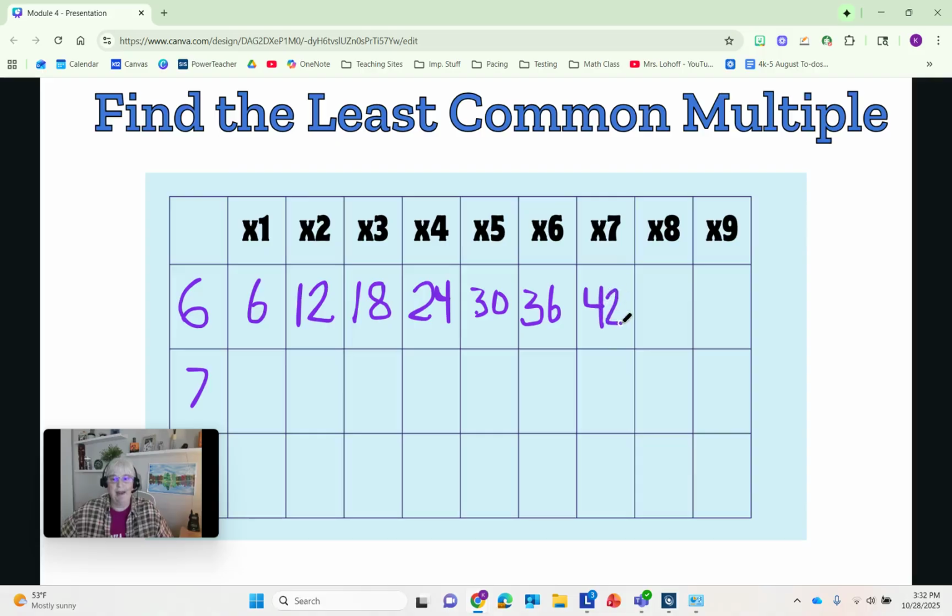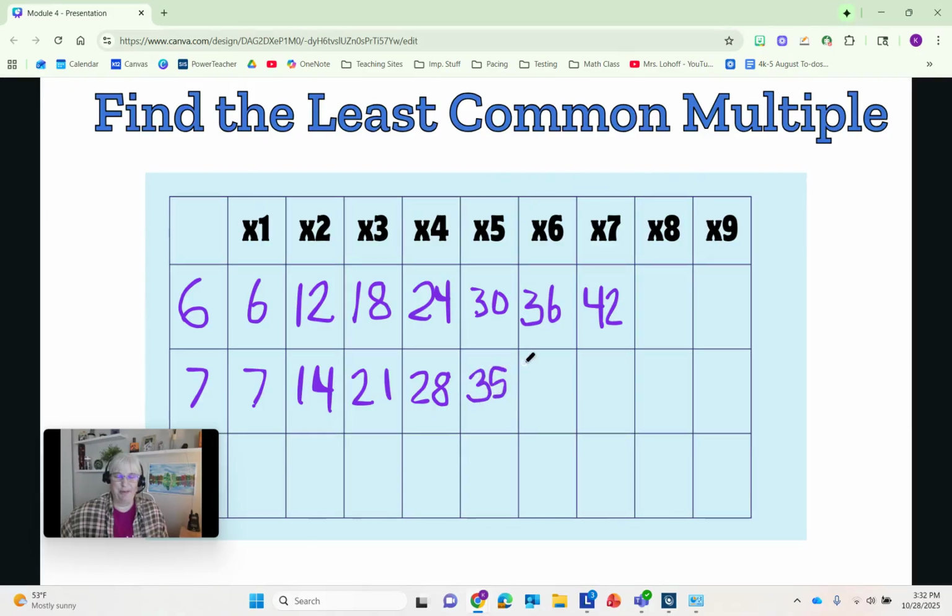I'm going to stop there because I'm multiplying my two numbers by each other, and I know that that's definitely going to be a common multiple. Let's see if we have a number in common before we get there. We're going to do the same for 7. 7 times 1 is 7. 7 times 2, 14. 7 times 3, 21. 7 times 4, 28. 7 times 5, 35.